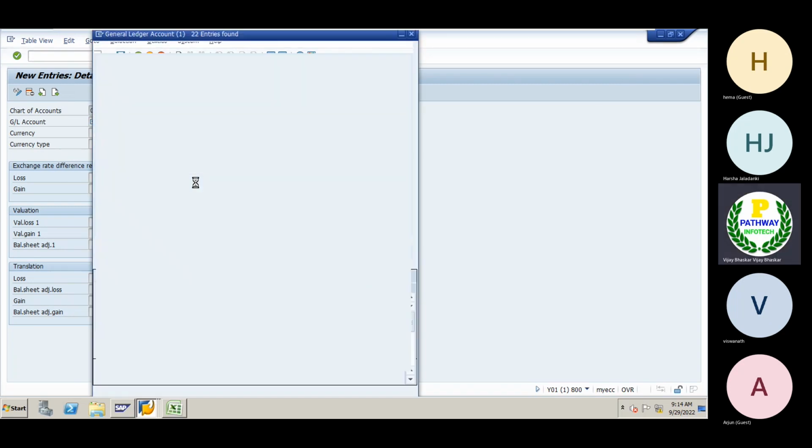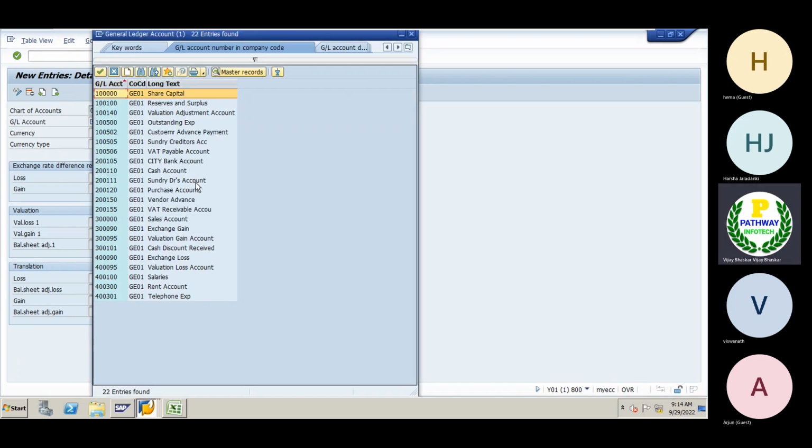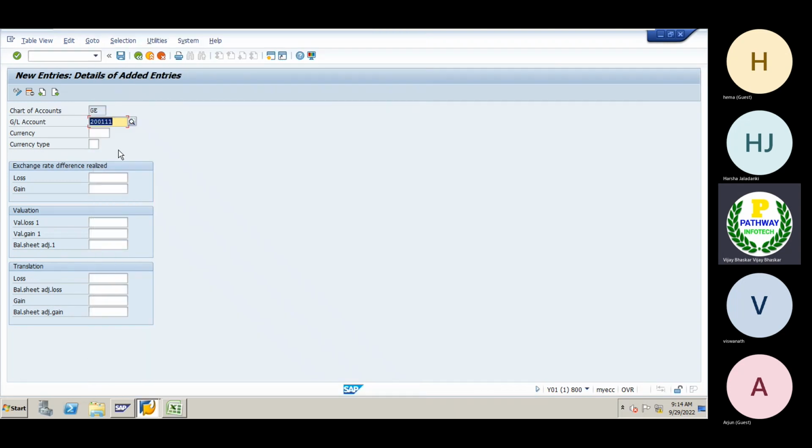The next one would be sundry debtors. Sundry debtors, this is the reconciliation account. The accounts are all the same. Enter, then save it. Now we have mapped the GL accounts for automatic postings.